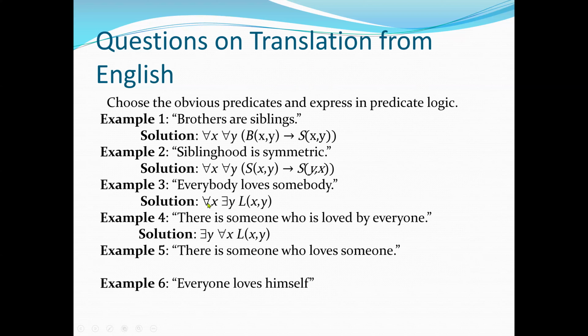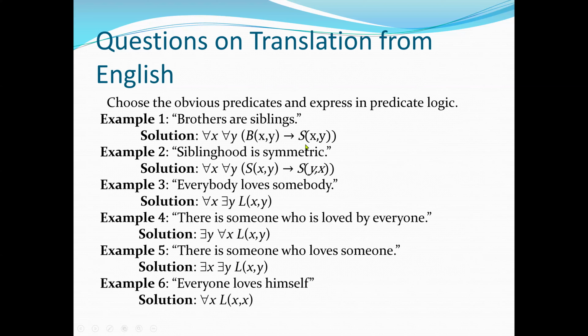So instead of for all x, we get there exists y and for all x. So there's someone who loves someone. So there exists x and y, love(x,y). Everyone loves himself. So for all x, love(x,x), because you love yourself.